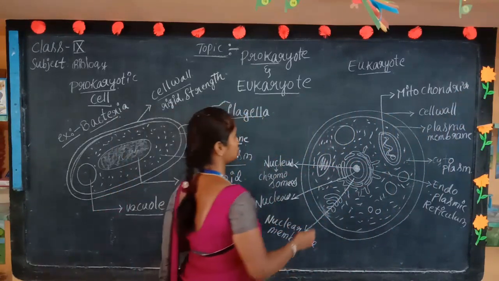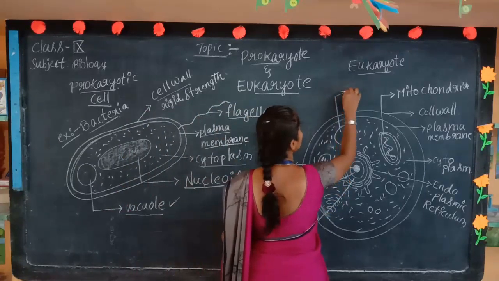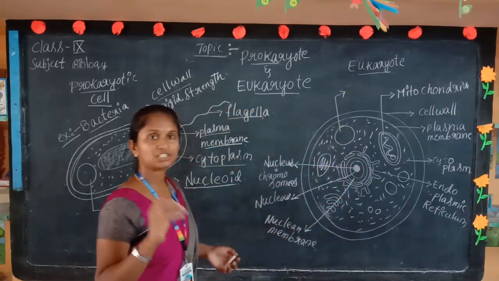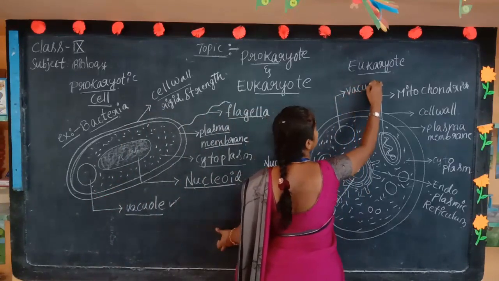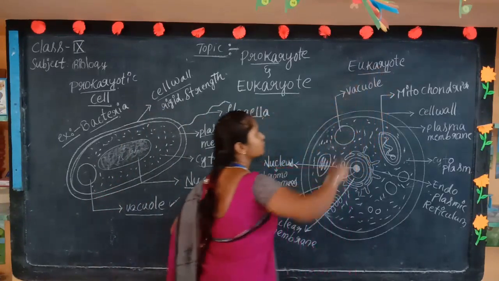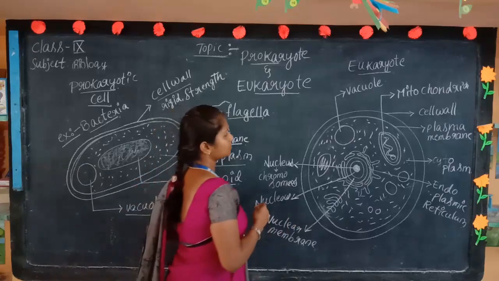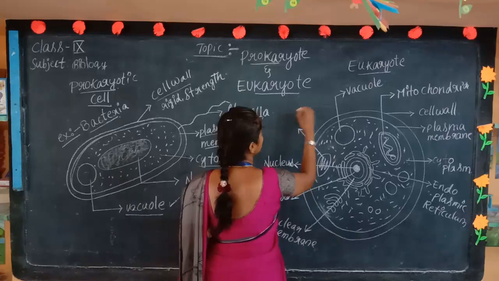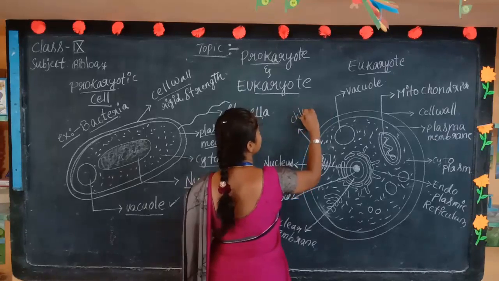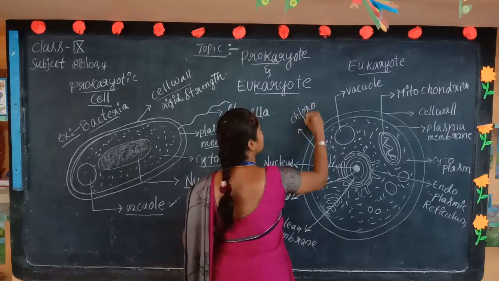And next, a large halo-like structure, a hole, is called a vacuole. Vacuole is helpful for storage of food material. And next, here the chloroplast will be present.